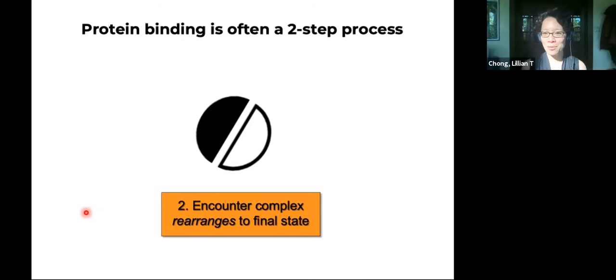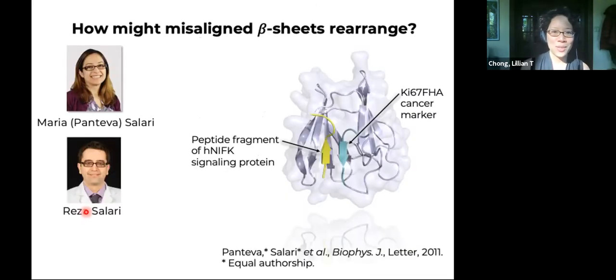So we initially focused on this second step, focusing on the collision of a peptide fragment with a protein to form a beta sheet. So this model peptide protein system in which a peptide fragment of the signaling protein HNFK in yellow is forming an intermolecular beta sheet with this Ki67 FHA cancer marker.